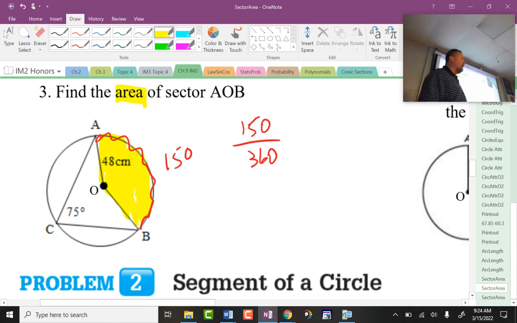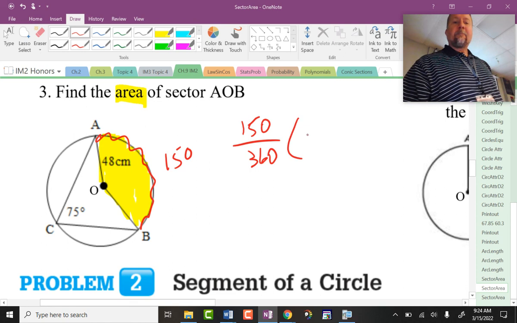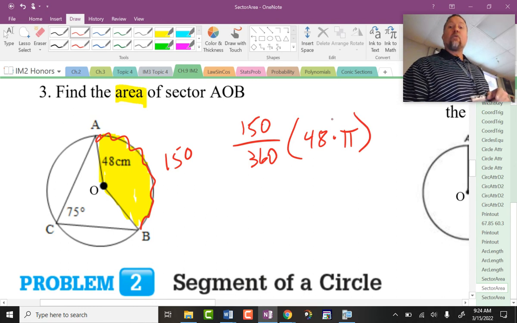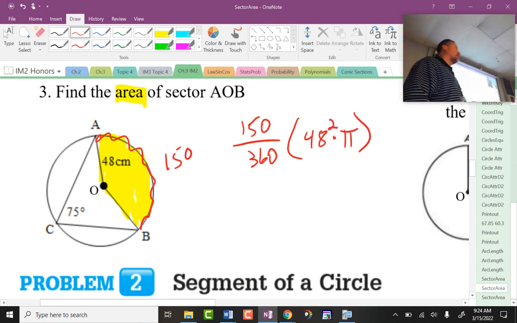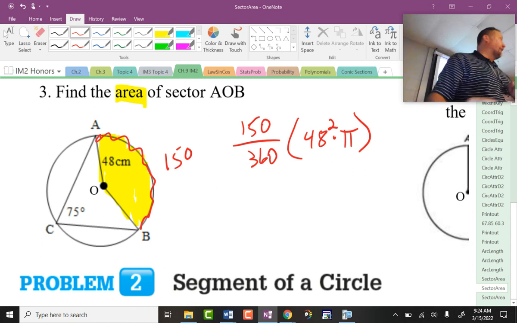Not the arc length, the area. So I need the area formula. 48 times pi r squared. Whoa, I almost screwed up there. Pi r squared, so I have the radius squared there. Just showed you how to type that on the calculator. Shouldn't have to do it again.